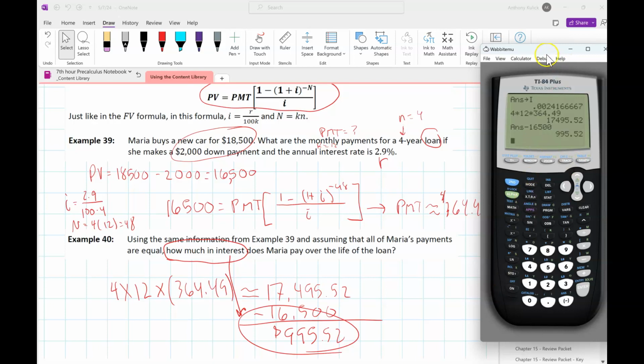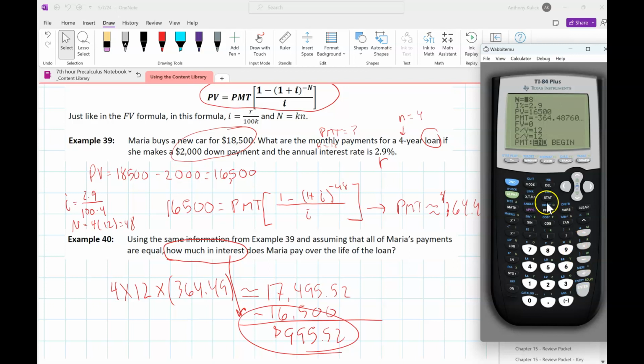All right. So let's redo this example 39 here. We're going to press the apps button. That's the one with the purple word right by the green alpha button. Guess which option we're going to pick? Yeah, there's only one, picking finance. And we're going to pick the TVM solver.